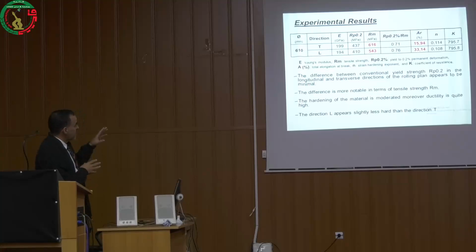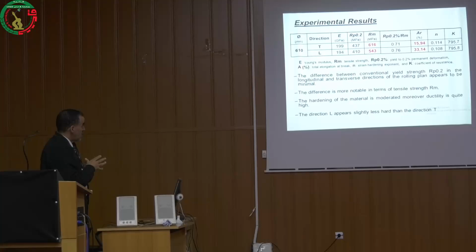As we can see here, the yield strength, Young's modulus, and the coefficient of hardening, or hardening exponent, are similar for the two directions. While for the ultimate tensile stress, there is a big difference between the transverse and longitudinal directions.